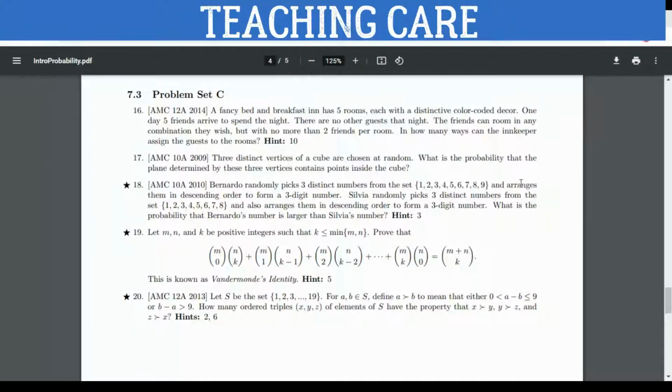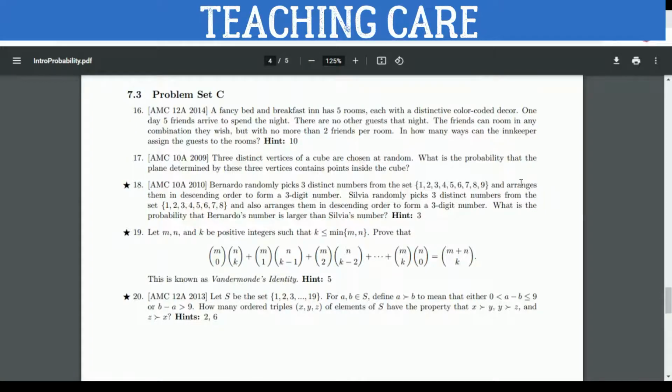Or probability, okay. We have to calculate the probability. I don't understand the problem.